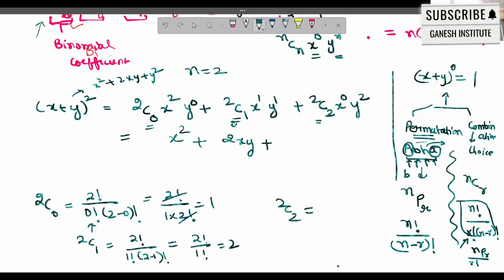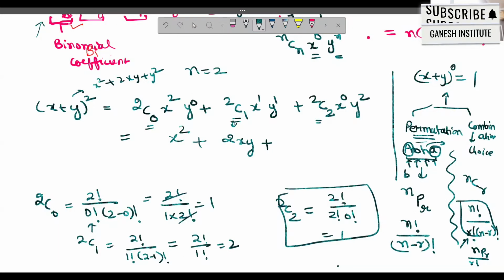And 2C2 is? 0 factorial is 1. So you have written 2 factorial upon 2 factorial into 0 factorial, right? Yes, it's 1. So this has become y square.